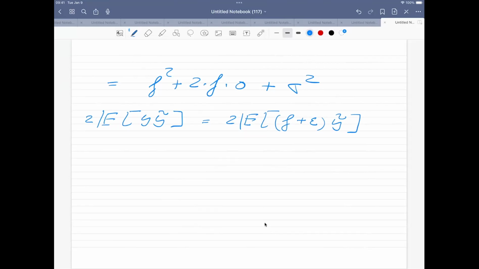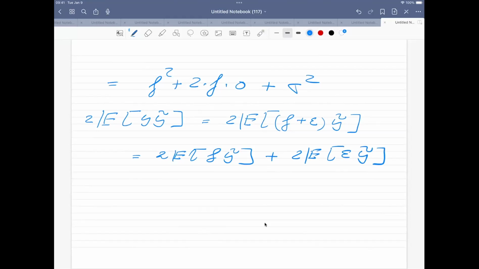So what we get then is actually the following quantity. This is going to be equal to 2 times the expectation value of f times y tilde plus 2 times E of epsilon times y tilde here.